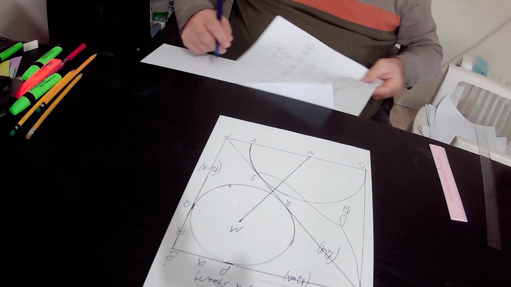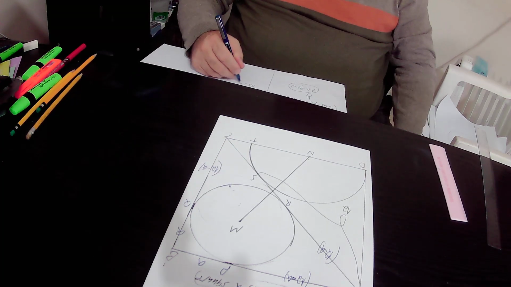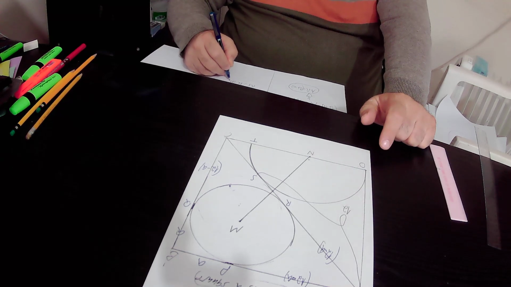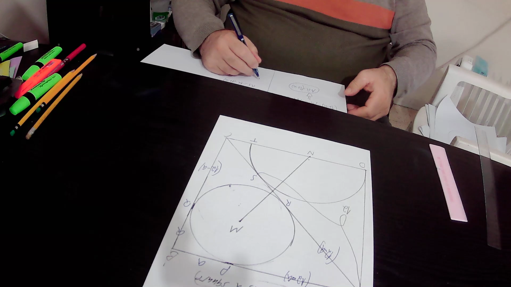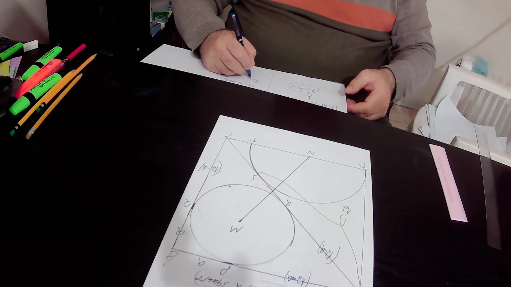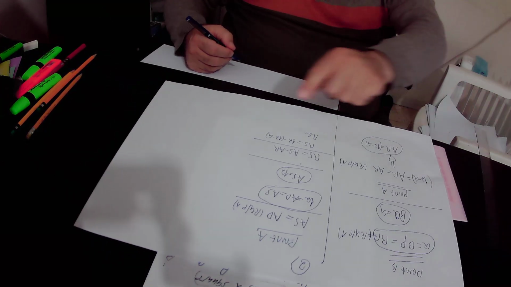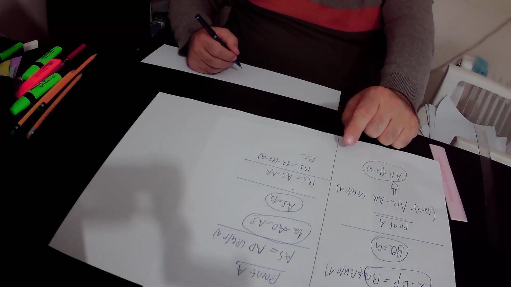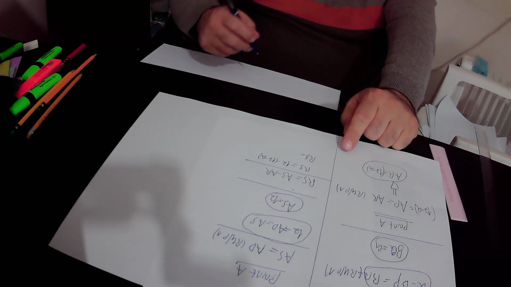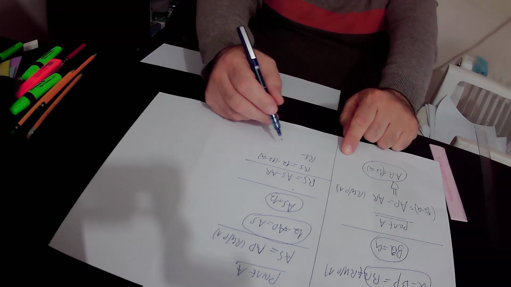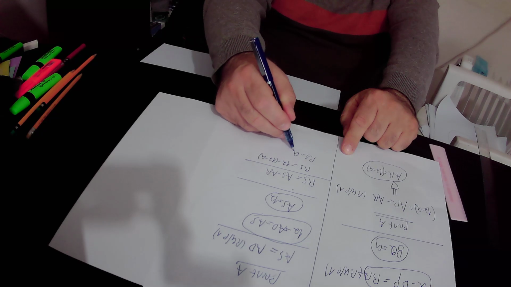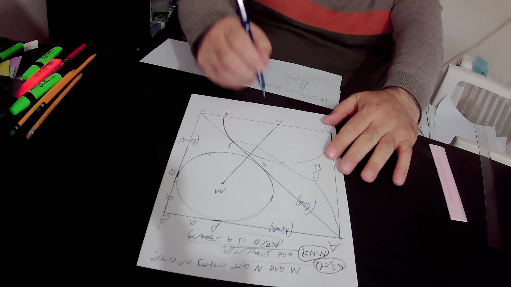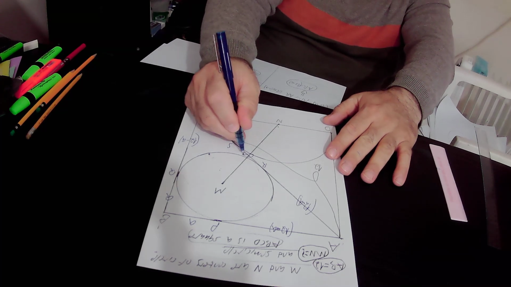But we have already found out that AS equals 12 and AR equals 12 minus A. So RS equals 12 minus (12 minus A). We open the brackets: 12 minus 12 is 0, minus and minus is plus, so RS equals A. We can write here that RS equals A.